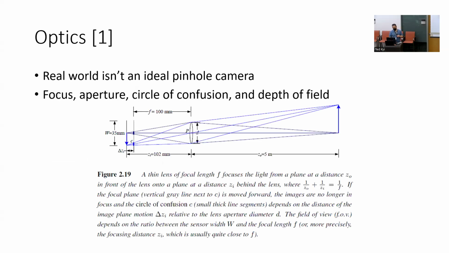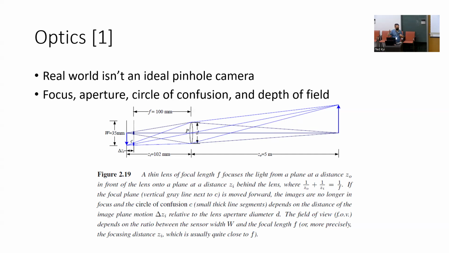It goes into optics and says the real world is not an ideal pinhole camera. So it talks about focus, aperture, this circle of confusion. When an object is not at exactly the right focal distance, then it's slightly out of focus.